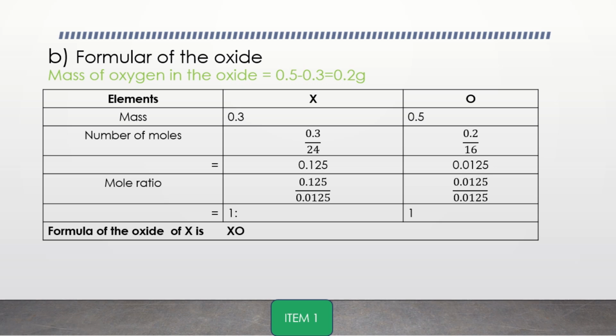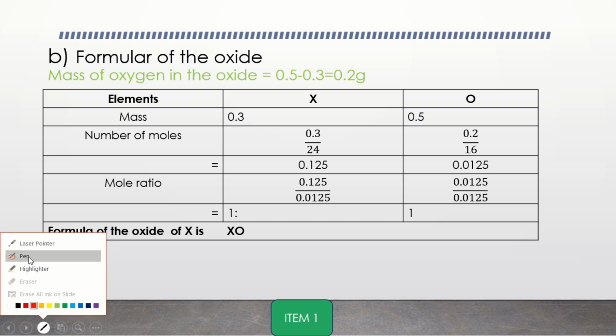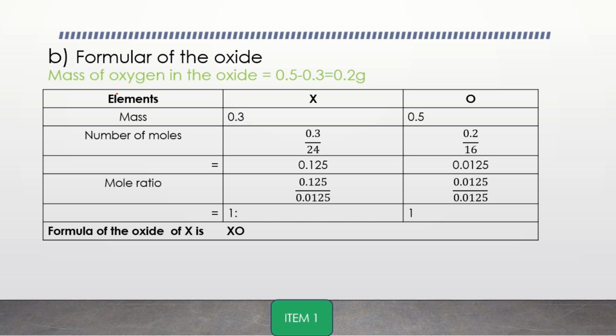Now we shall have to use a table to simplify this. When you look, our first thing, we shall write the elements, and the elements in the solid product are X and then oxygen. The next step shall be writing the mass. When you use the table, it makes the work very clear. So here we are calculating the empirical formula, although the student wanted to know the chemical formula.